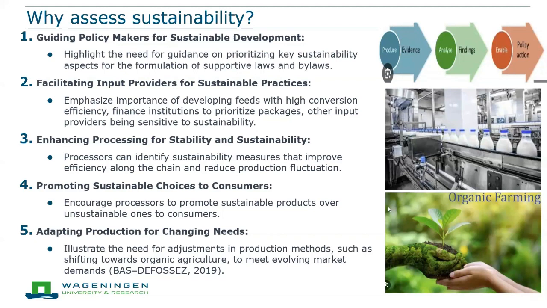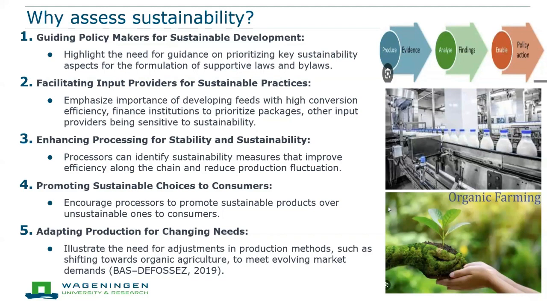Then we also have processors. Processors would also want to strengthen their processing chains, sourcing of material and distribution of final products. And yeah, they would also want to see what options are there in order to enhance sustainability along their chains.